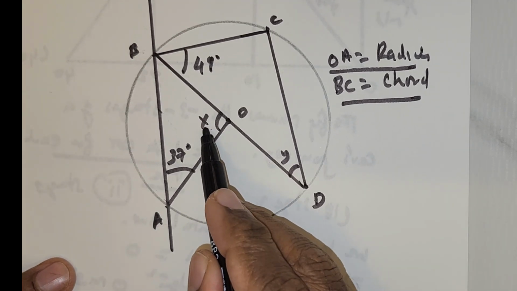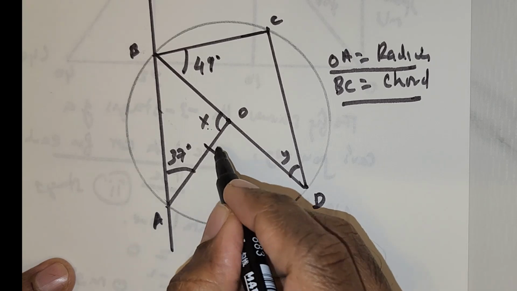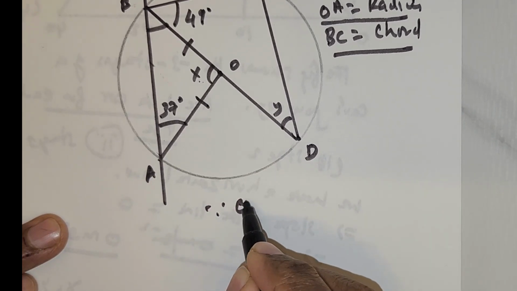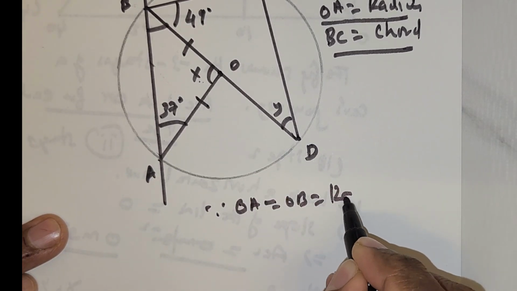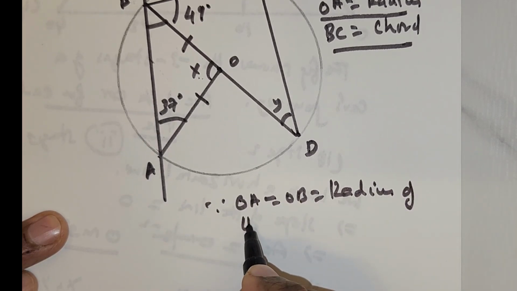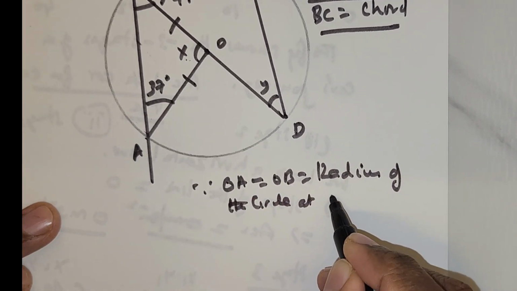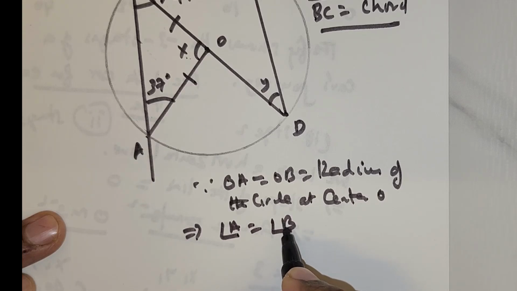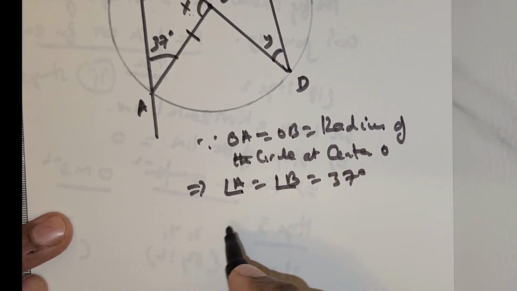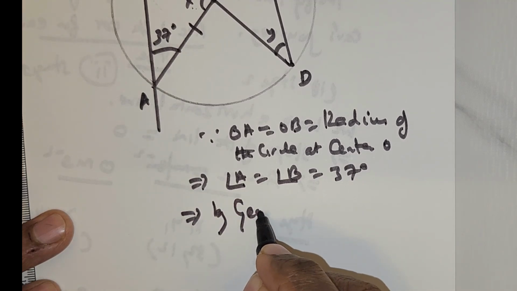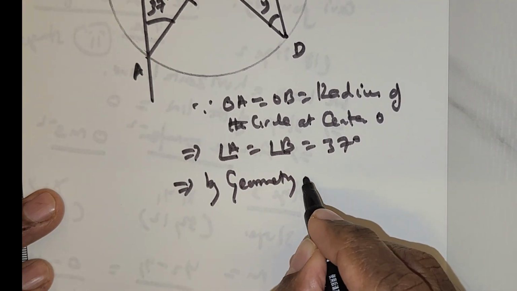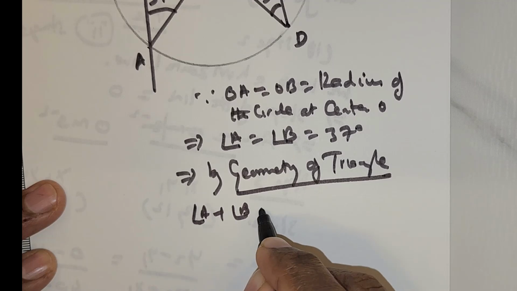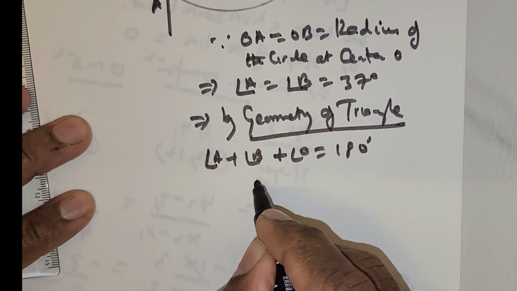Now you are asked to get X. Clearly this is a radius, this is also a radius, so the angle at B can easily be obtained. Since OA is equal to OB, the radius of the circle at center O, this means angle at A is equal to angle at B is equal to 37 degrees. By the geometry of a triangle, angle at A plus angle at B plus angle at O is equal to 180 degrees.